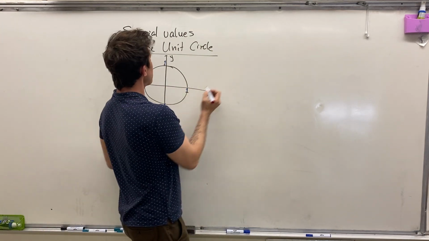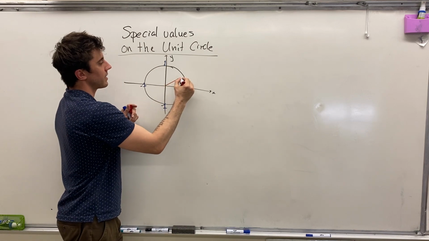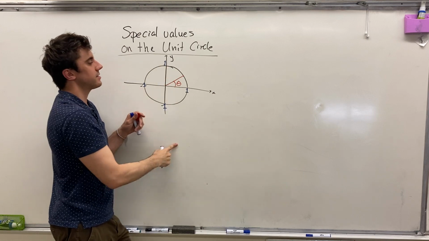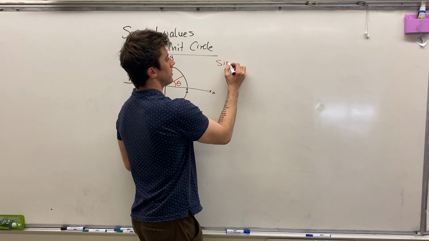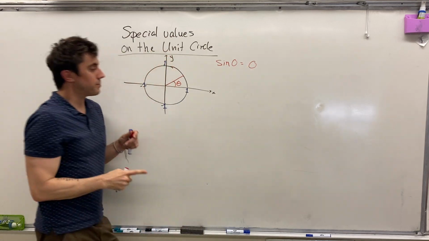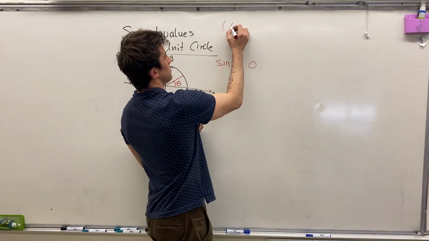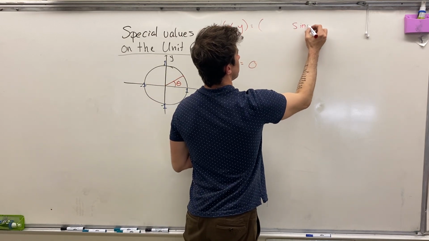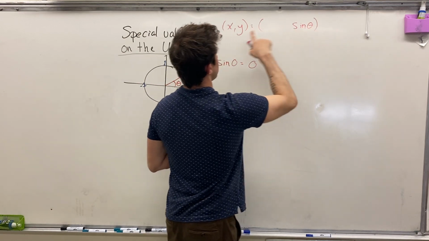So, again, we always measure our theta from the positive x-axis, and so we have that sine of 0 is equal to 0 because our sine corresponds to our y coordinate, okay?